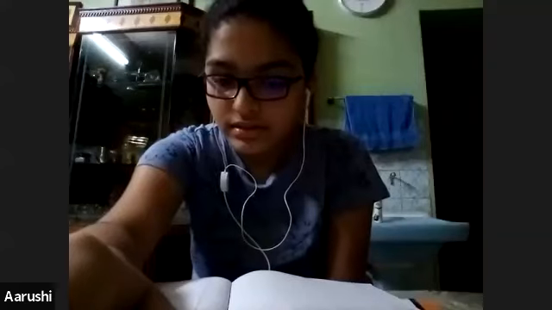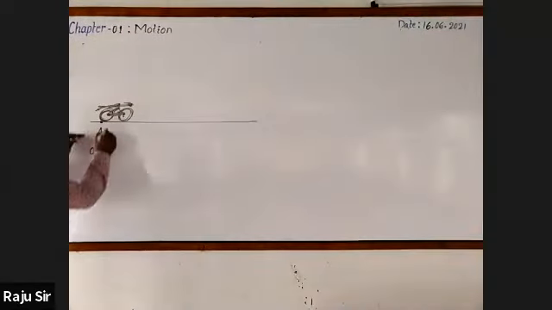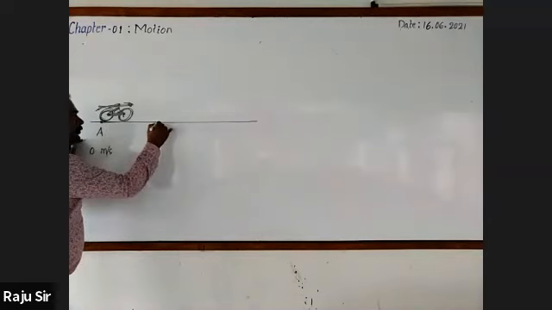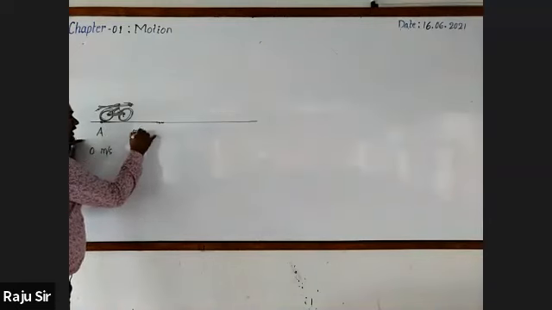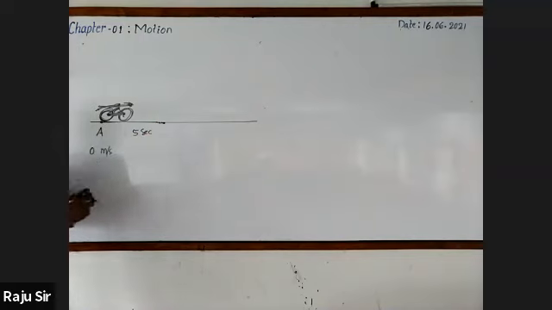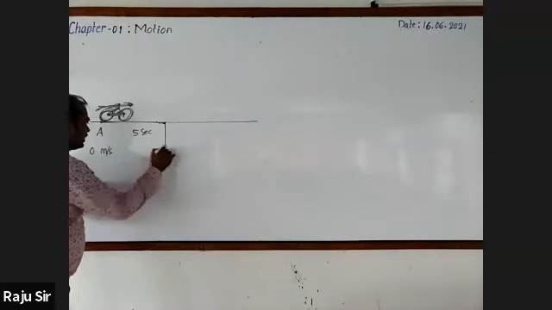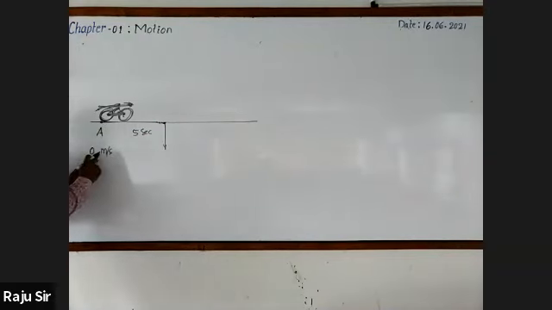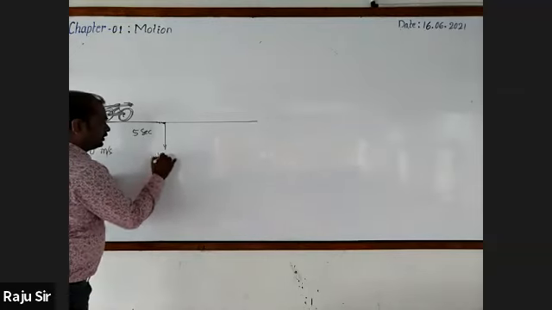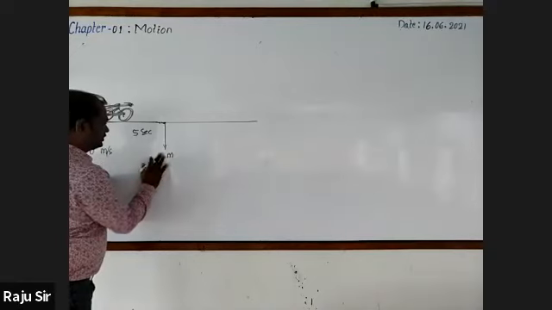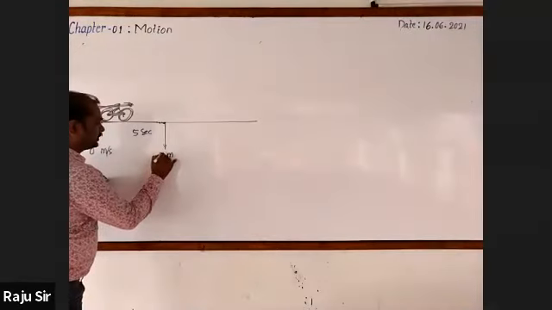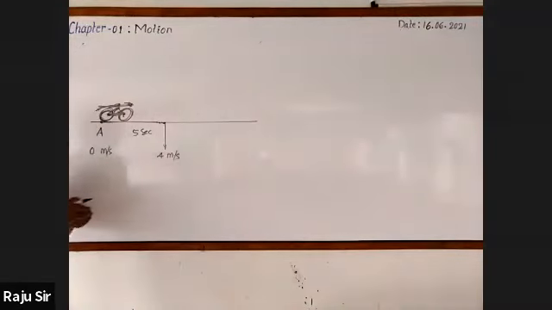Now, the bike started moving. Look here. Within 5 seconds, it changes its speed from 0 meter per second to 4 meter per second.